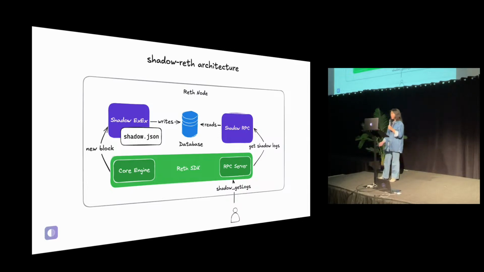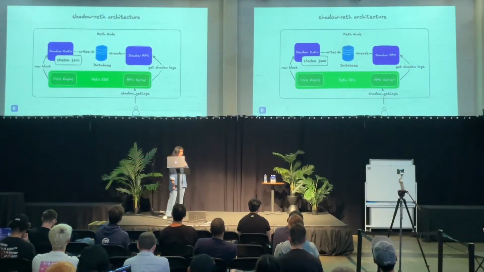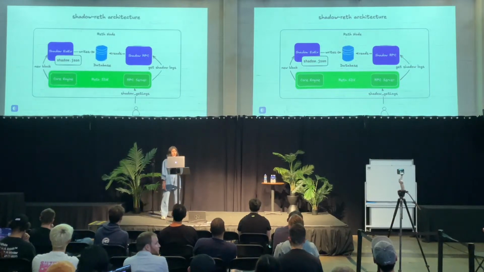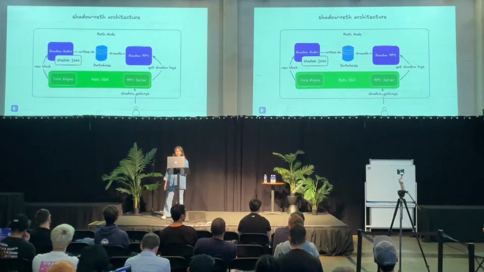It has some shadow-specific modifications that bypasses gas checks. It can also bypass some transaction verification checks to save a bit on performance. And then after the shadow executor re-executes that block, it takes out the shadow logs that were generated in that block and then writes it to a database.